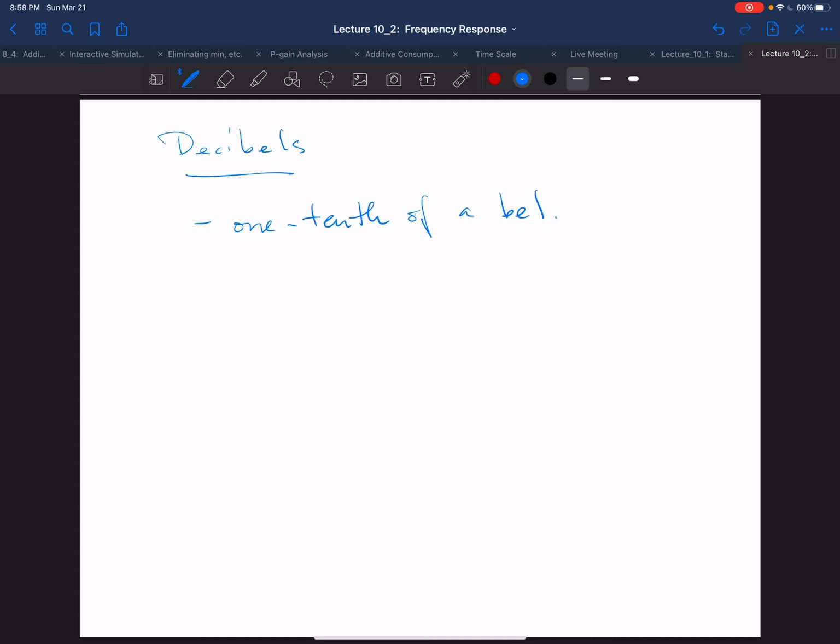These bells are named after Alexander Graham Bell. And a bell is in fact the base 10 logarithm of the power of two signals. So a bell is a ratio, really.